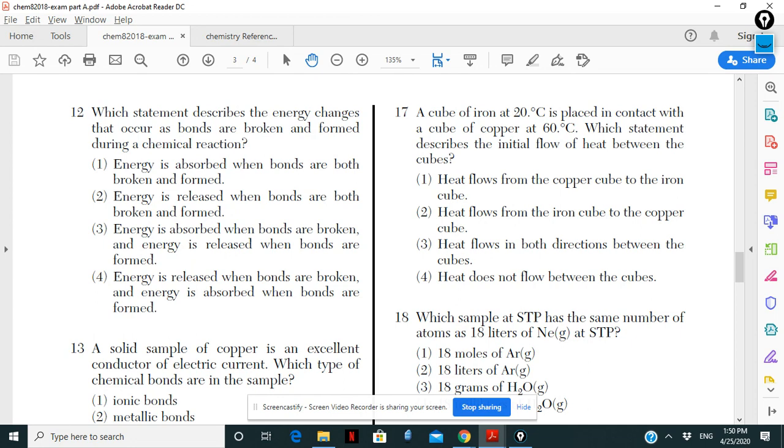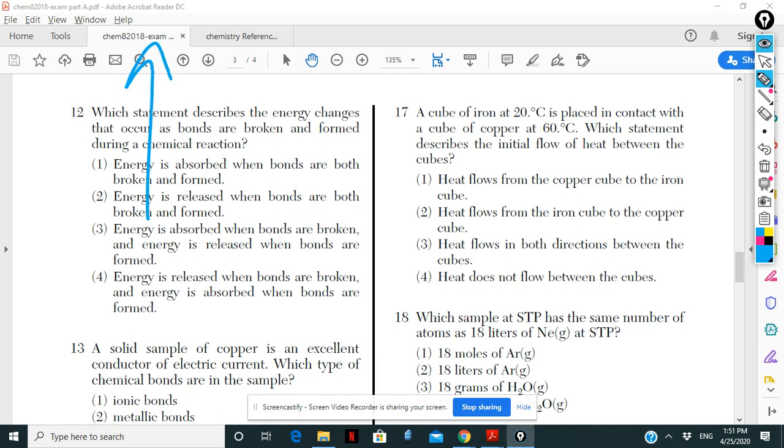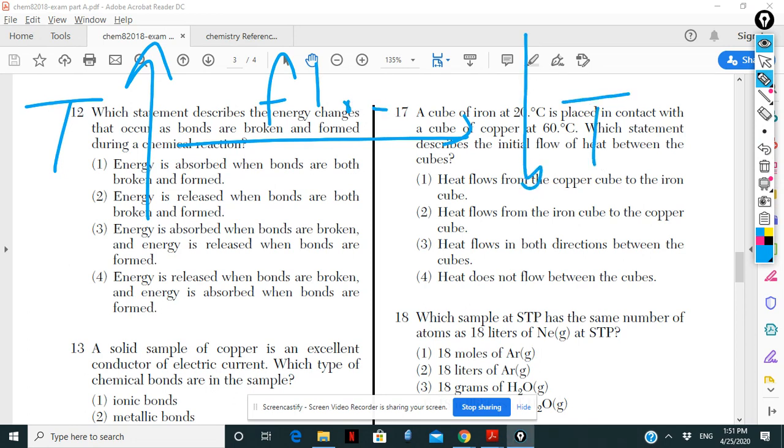The copper is going to lose heat and the iron is going to gain it. So the heat flows from the copper cube to the iron. That's the correct one, because the high temperature flows to the low temperature.